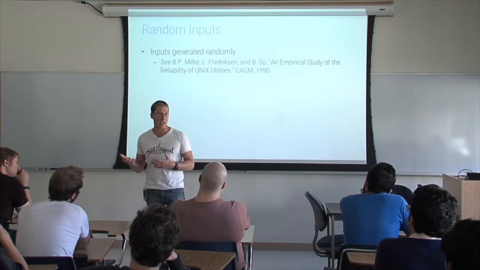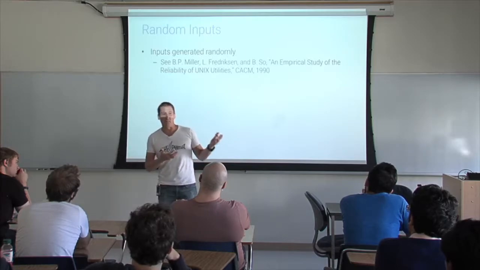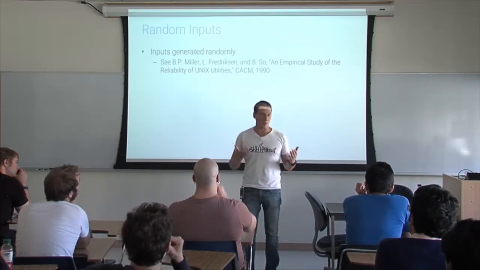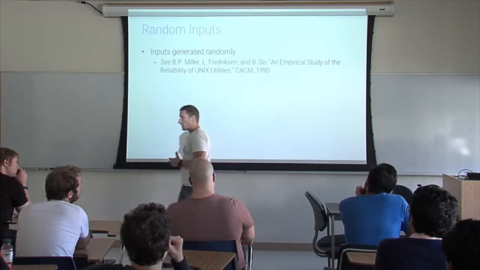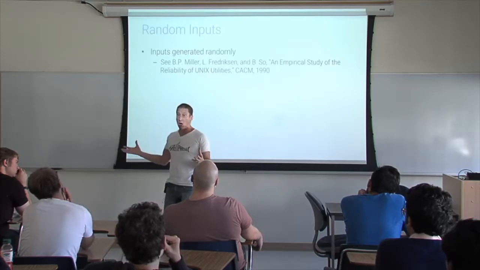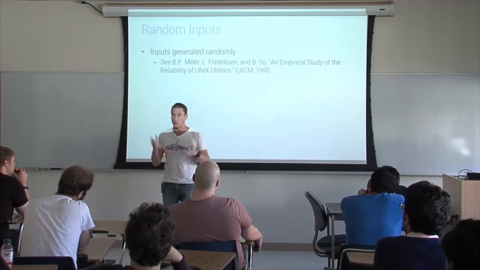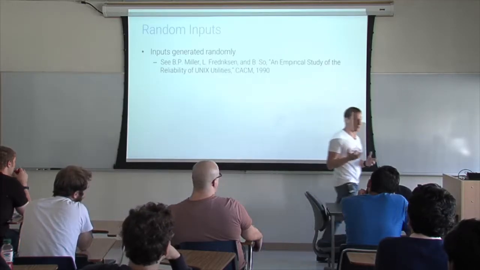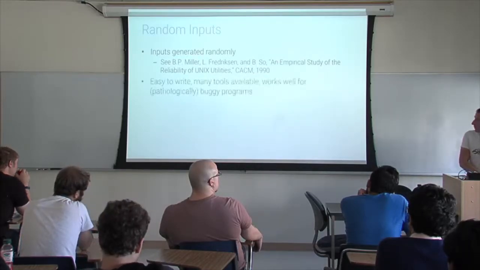So ls was having segmentation faults because nobody had the idea of passing random crap to ls as a form of testing. And so he did a study in which he took a bunch of completely random data and passed it to all these different Unix utilities and found that a ton of them were actually crashing because they were not able to deal with that.